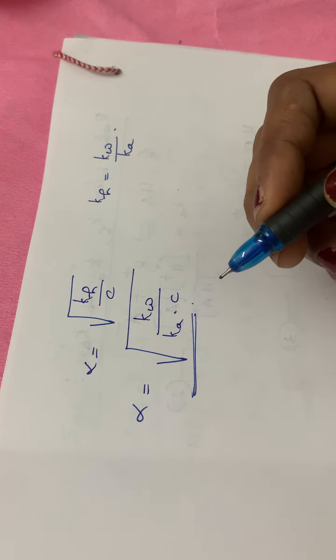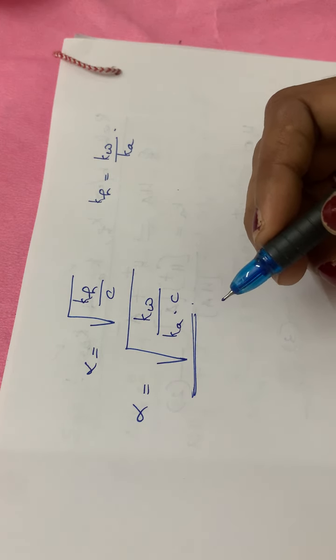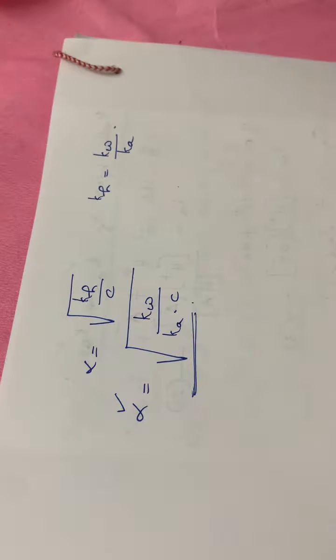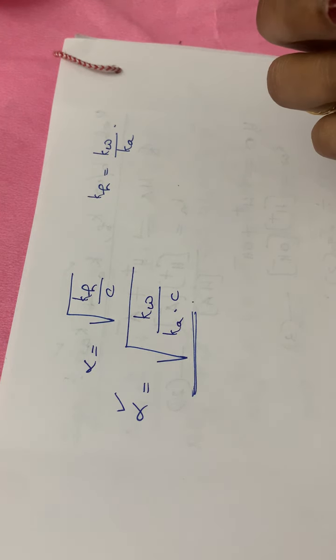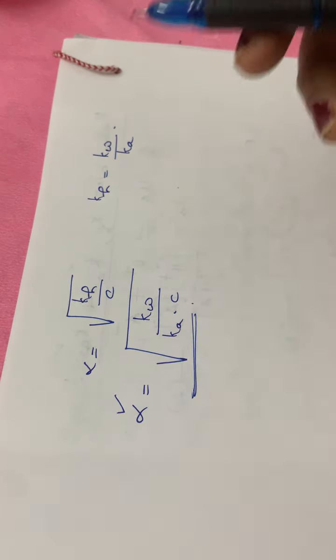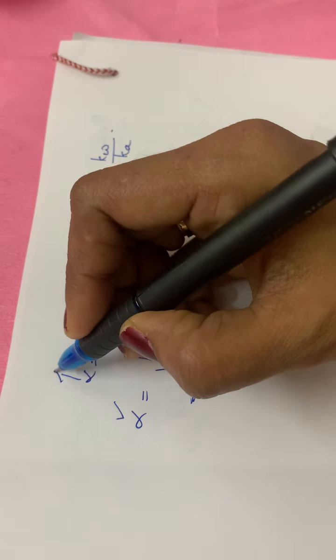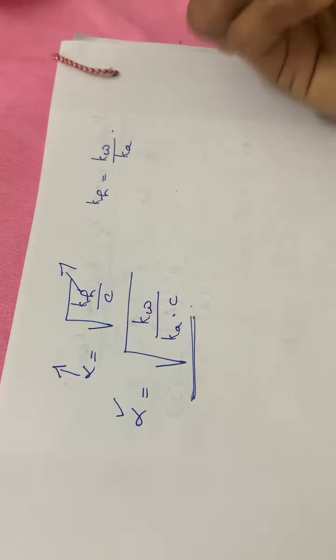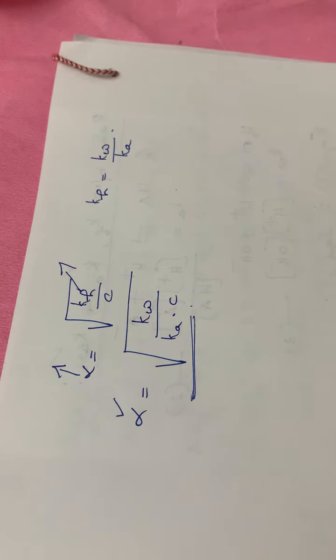Alpha is the degree of hydrolysis, which can be written as either alpha or h. Alpha is the degree of hydrolysis and KH is the hydrolysis constant.